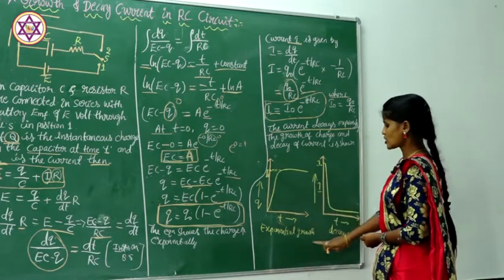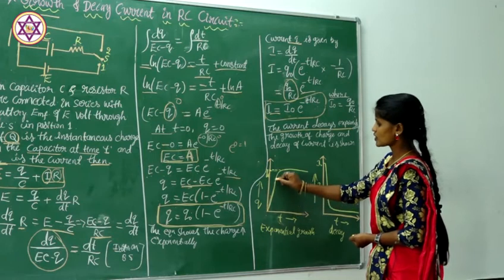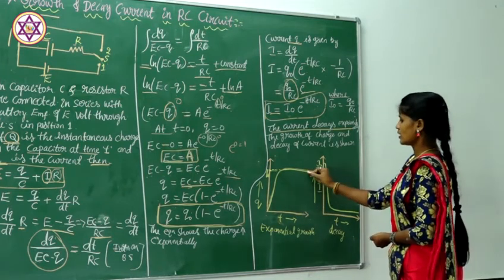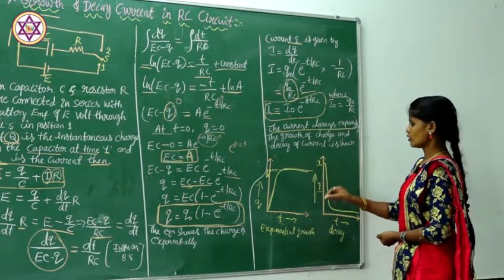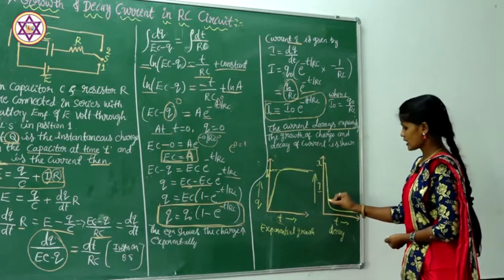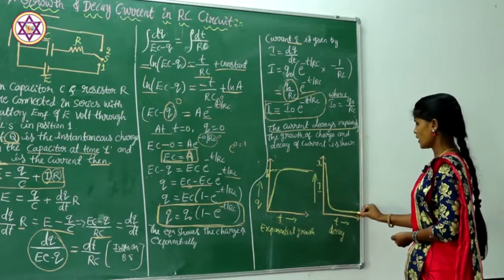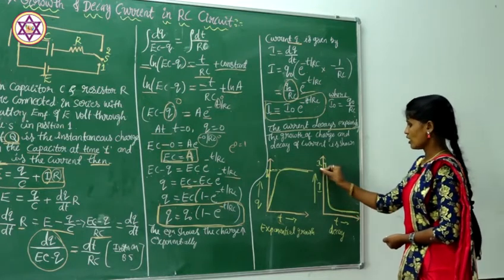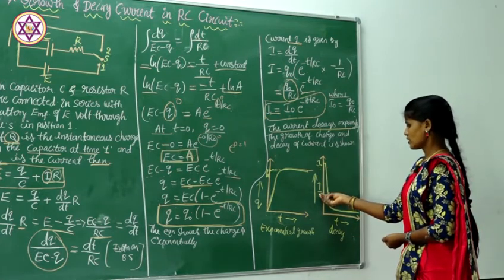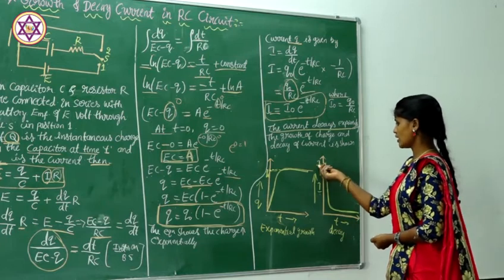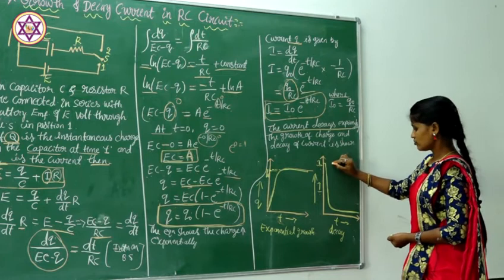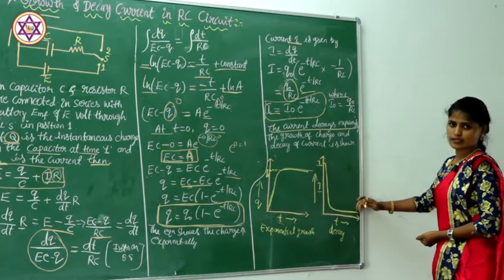The charge exponentially increases. Then, for I versus t, current versus time, starting from I naught, the current exponentially decreases.